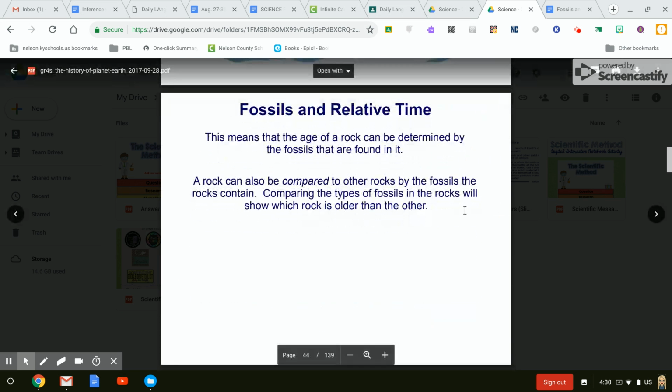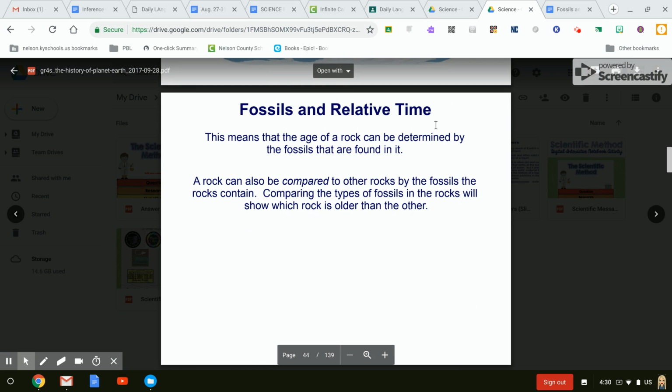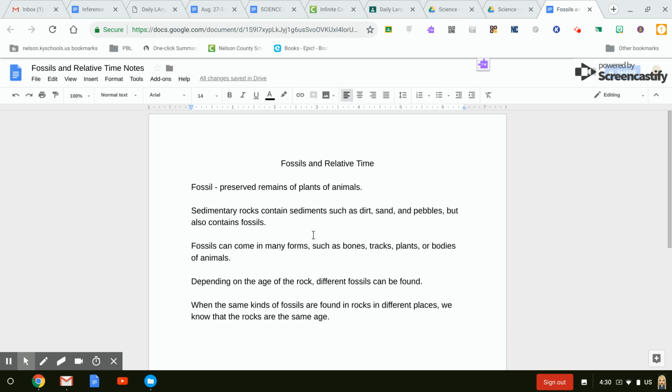Now, here we have fossils in relative time. So this means that the age of a rock can be determined by the fossils that are found in it. I want you to write that down. The age of a rock can be determined by the fossils that are found in it.